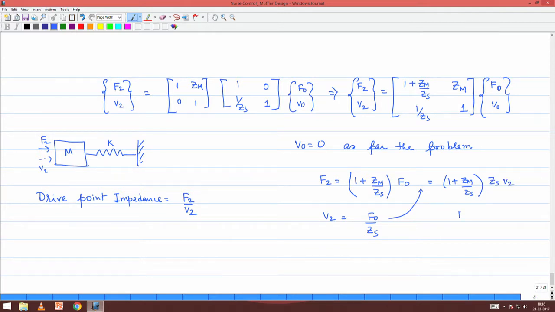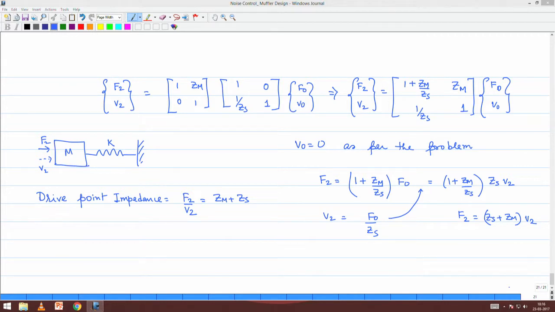So, that implies F2 is equal to Zs plus Zm into V2, or drive point impedance F2 by V2 is equal to Zm plus Zs, which is exactly equal to the equivalent impedance of the electrical circuit.